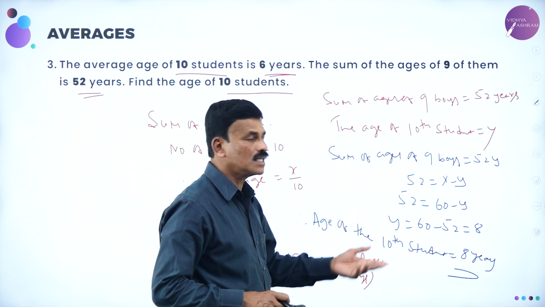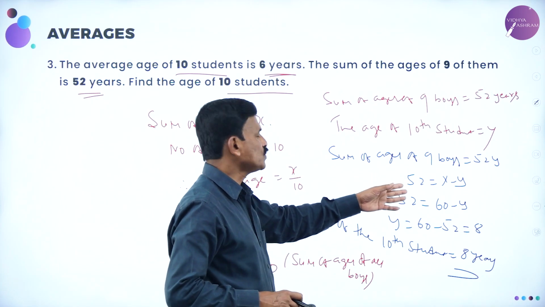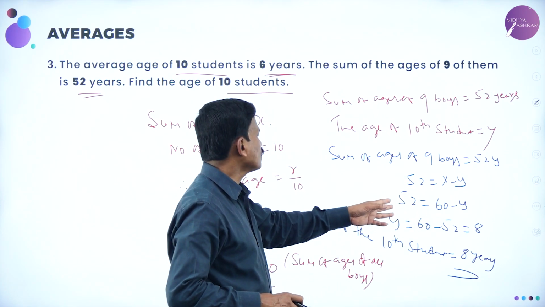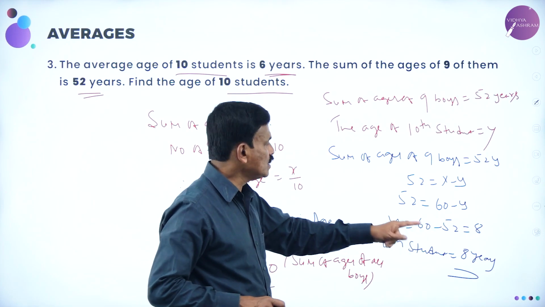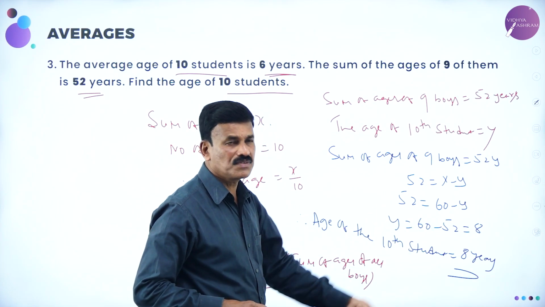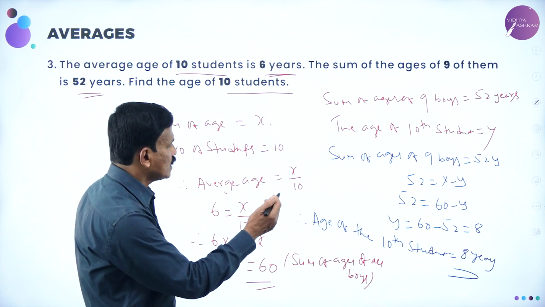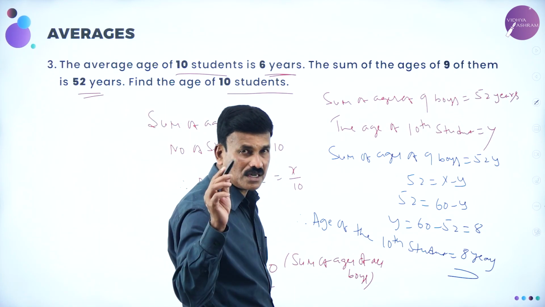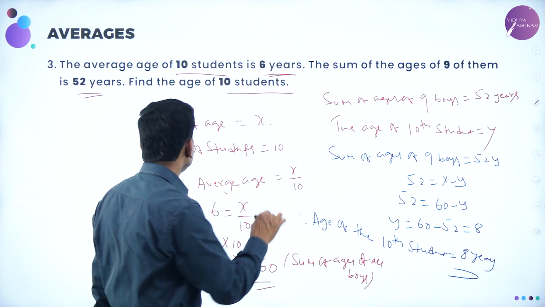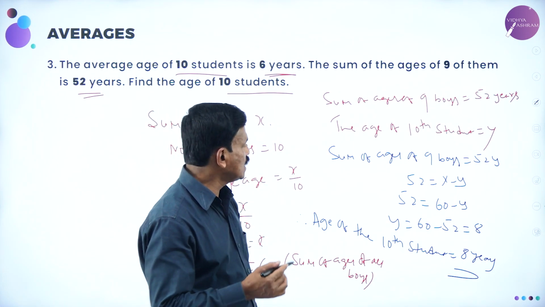Just subtract: 52 is equal to 60 minus y, so y is equal to 60 minus 52. Straight away, if you subtract 52 from 60, you will get 8. 8 is the required answer. So the age of the 10th student is 8 years.